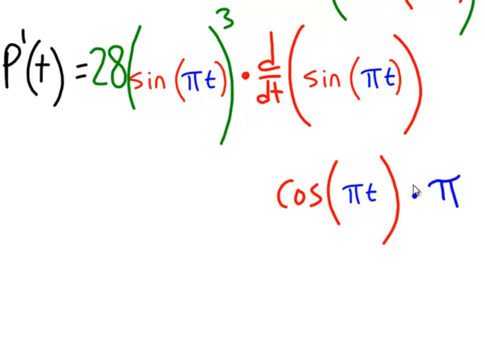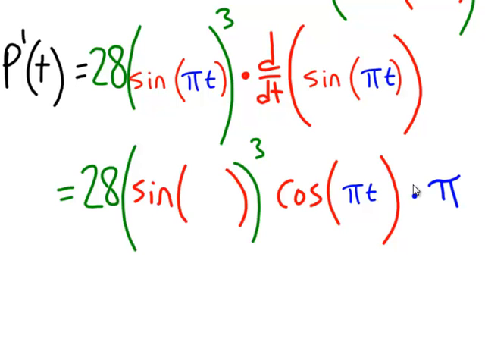So let's not forget all the stuff that preceded it. Let's not forget that 28, parentheses to the 3rd, and then inside of that is plugged a sine of pi t. All that's left is to combine all of that in any way we can. There's not a whole lot we're going to be able to do.